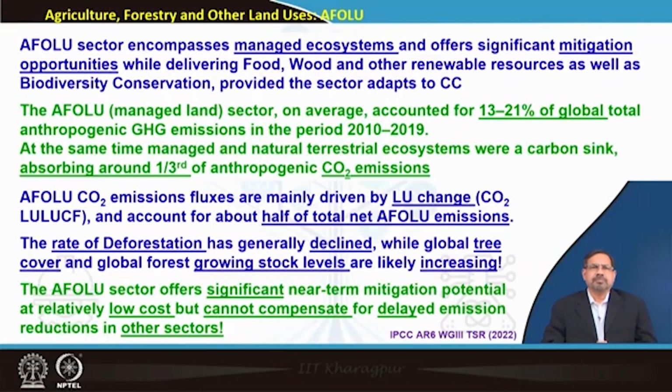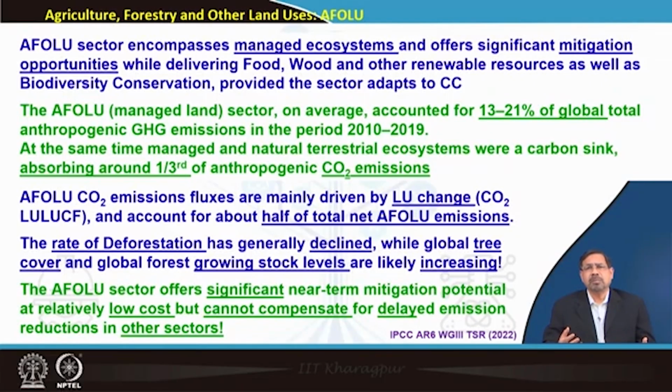At the same time, the natural terrestrial ecosystems are a carbon sink. Our natural terrestrial system almost absorbs 1/3 of the anthropogenic CO2 emissions. So, 1/3 means 33%.